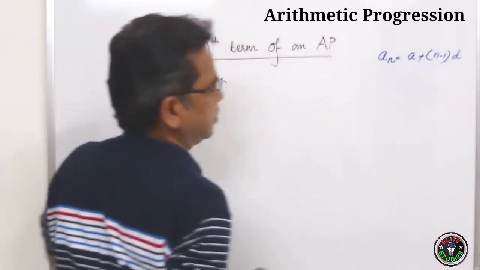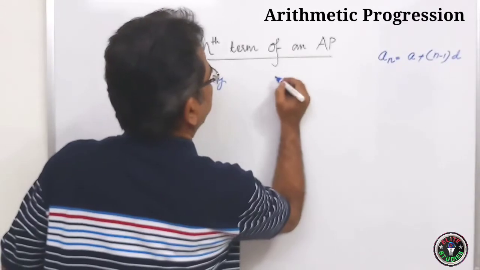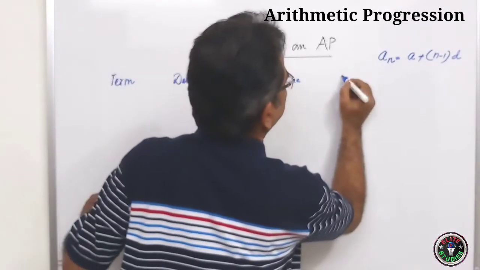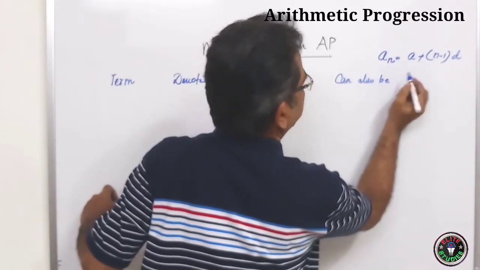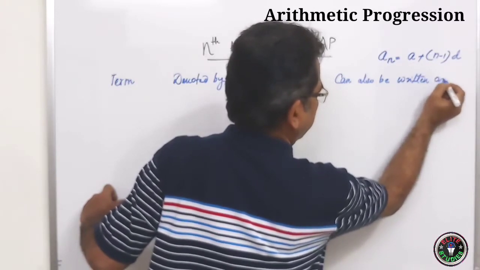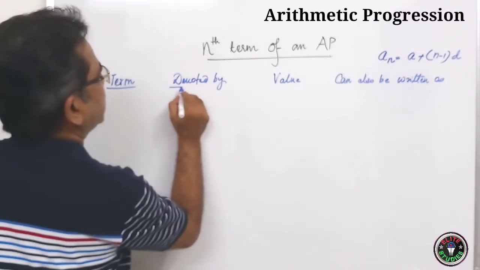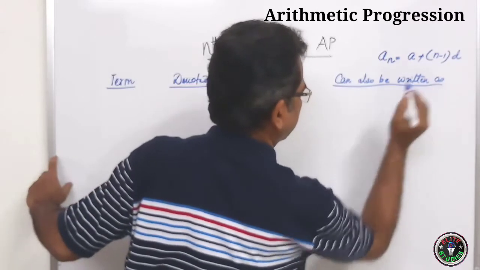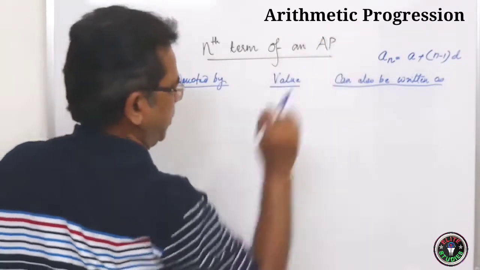Our aim is to derive this. Our aim is to find the value of the nth term of a given AP.